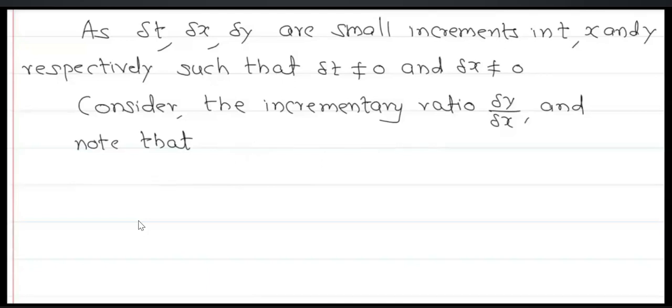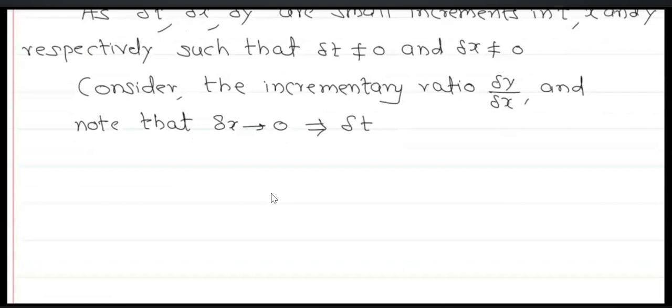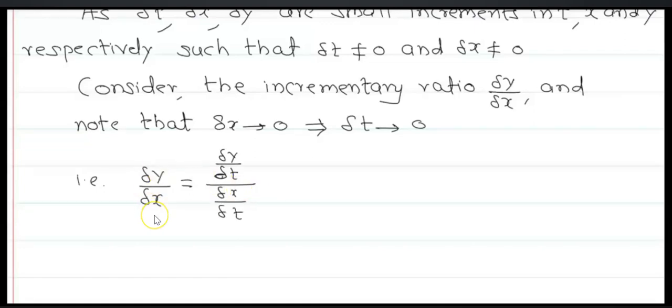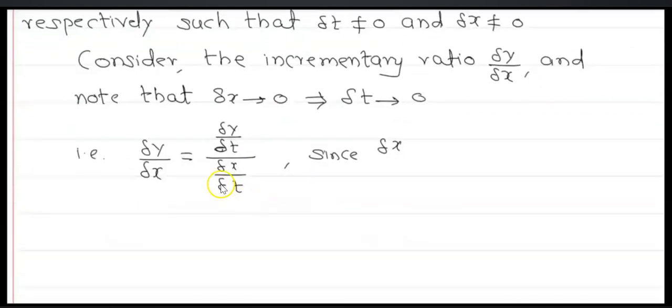And note that delta x tends to 0 implies that delta t tends to 0. That is, delta y upon delta x is equal to delta y upon delta t upon delta x upon delta t.